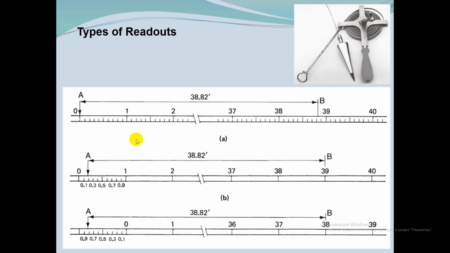And here distance AB, 38 feet, you can read 39 foot cut, 0.18.